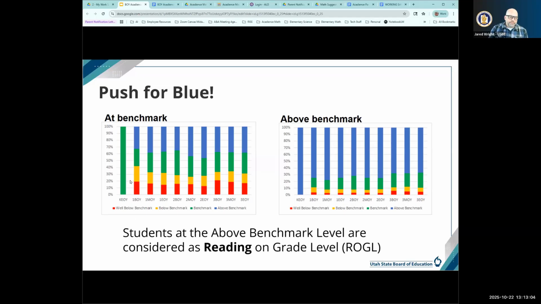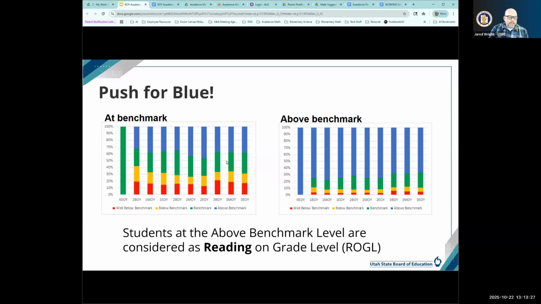You can also see, based on what we're displaying here as far as some of the data, kindergarten students who were at benchmark at the end of the year, and how their scores went from first grade to third grade. You can see it's kind of all over the place.